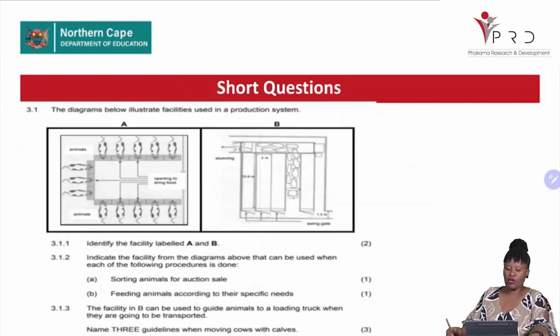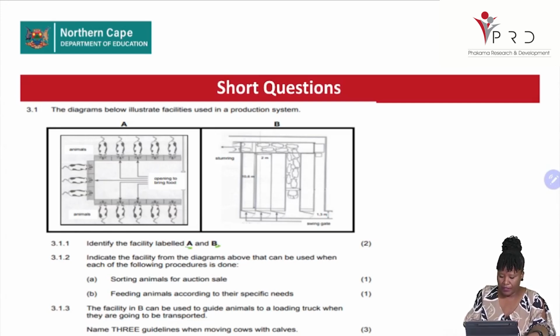The diagram below illustrates facilities used in production systems when feeding these animals, when you handle these animals. You are given A and you are also given B. Identify the facility labeled A and B. The facility labeled A, what is happening on it?